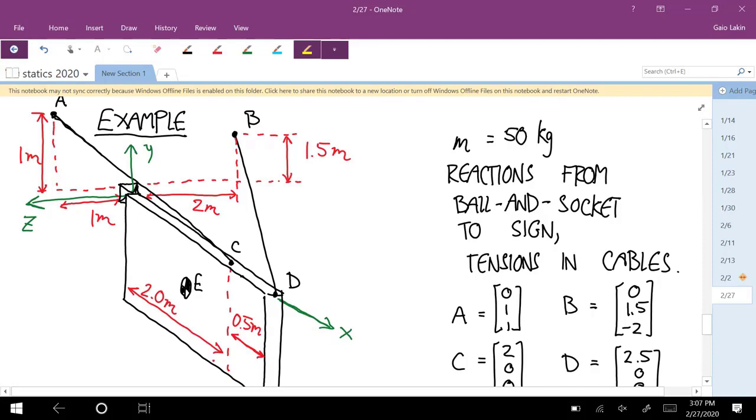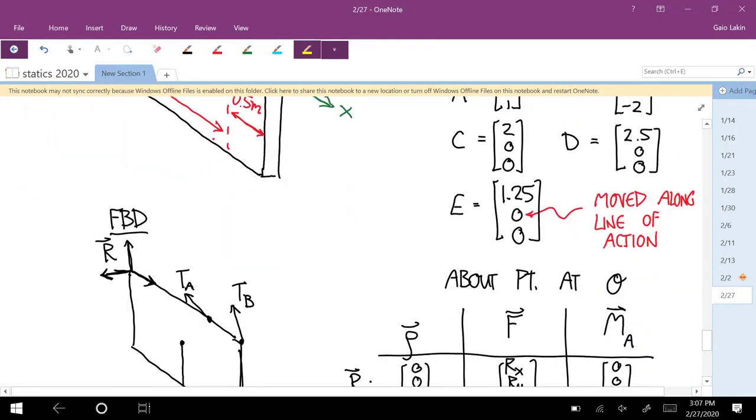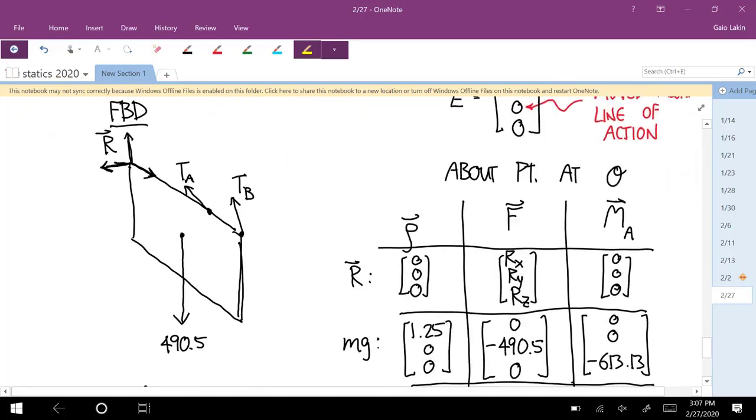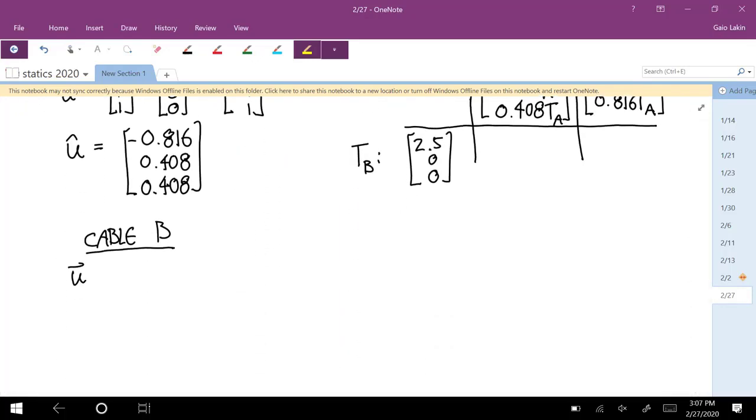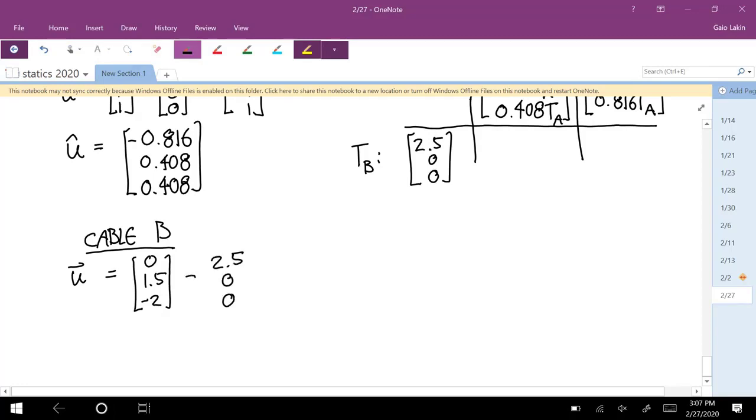So this vector U, before we get it as a unit vector, is 0, 1.5, negative 2 minus 2.5, 0, 0. And so you get the vector negative 2.5, 1.5, negative 2.